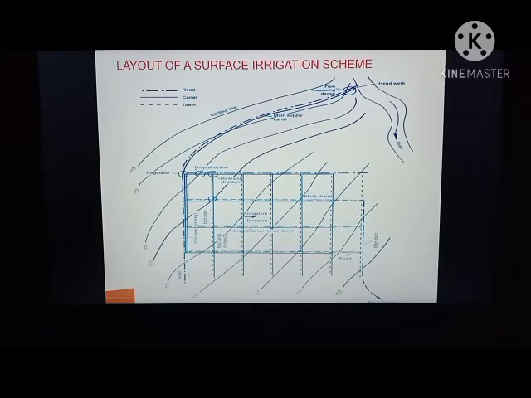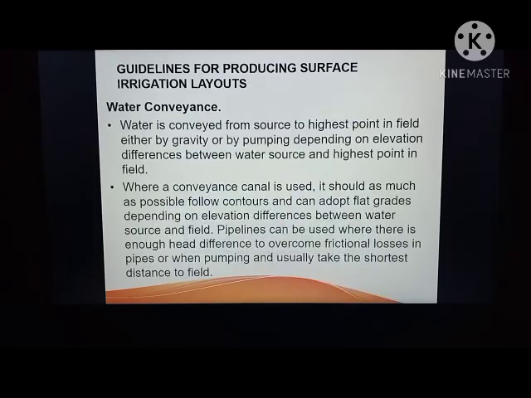Here, as you can see, is the layout of the surface irrigation scheme. This is the contour lines or topographical sketch. As you can see, there are contour lines, roads, canals, and drains. Next are the guidelines for producing a surface irrigation layout. First is the water conveyance.